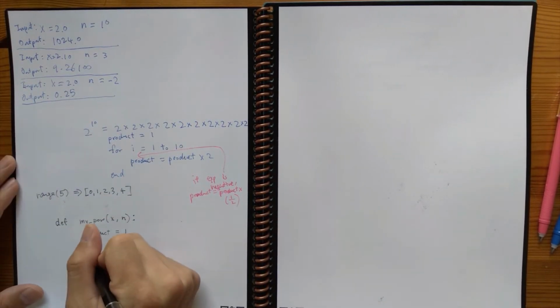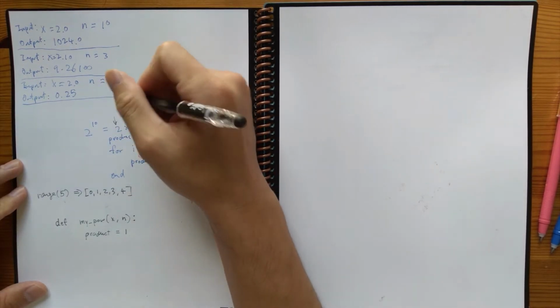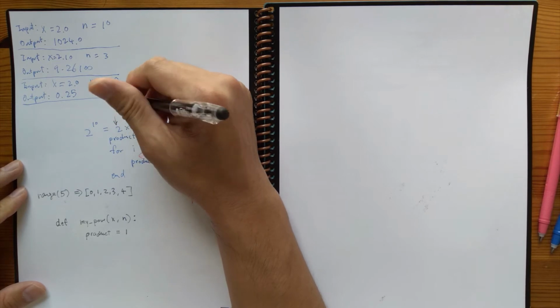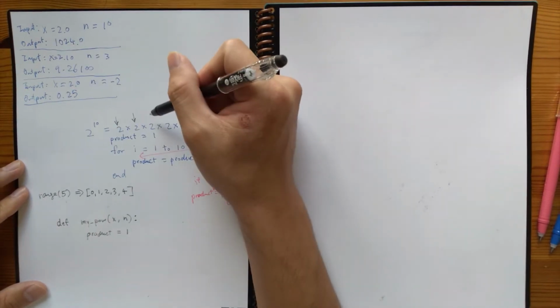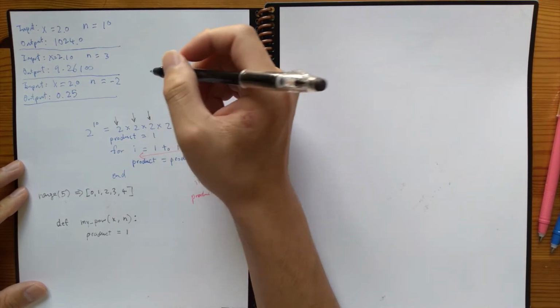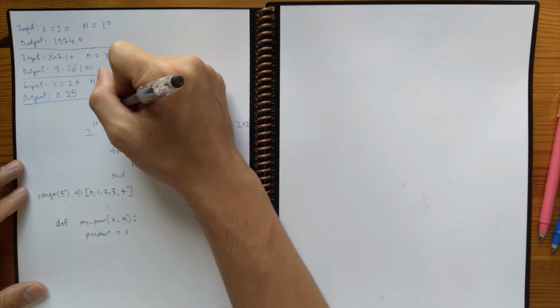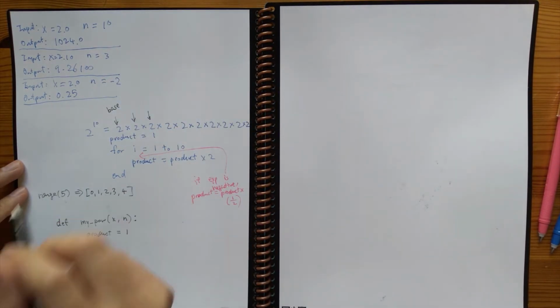Each of the parts of the product, what's the name for this? Each of the base, maybe this is called the base. I'm gonna set up a base.